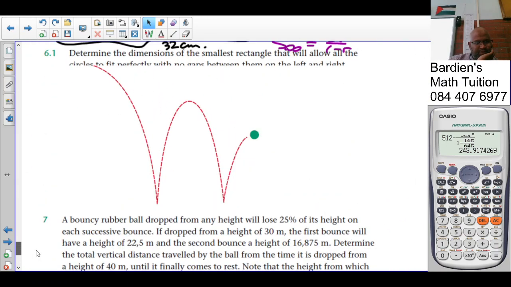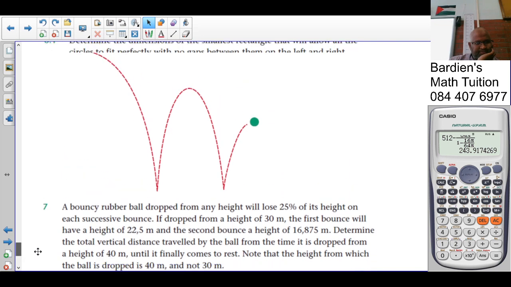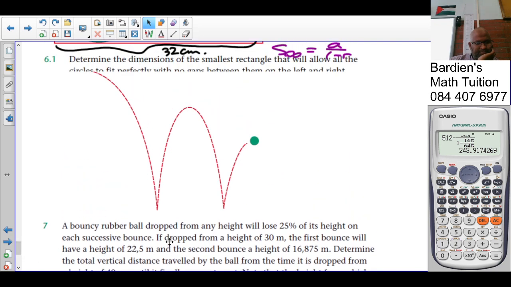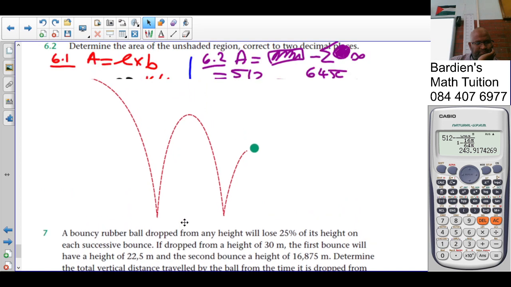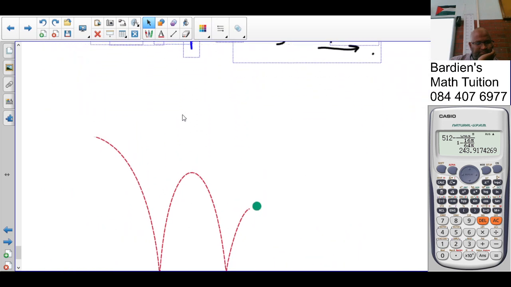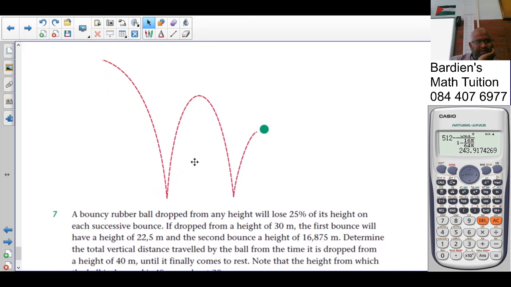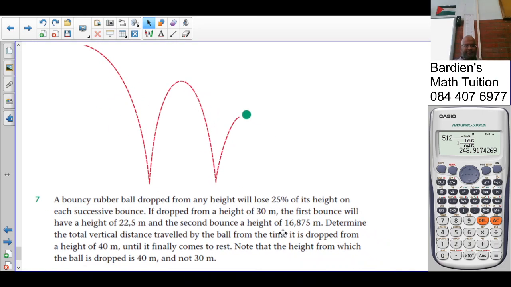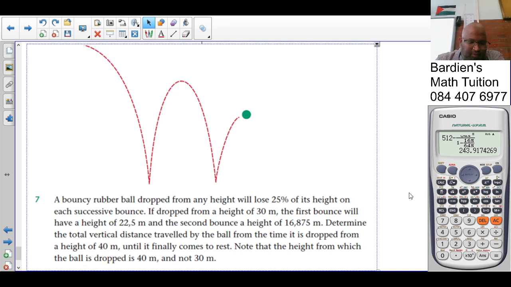Okay, the question was for number 7. We are told that the bouncy rubber ball dropped from a height will lose 25% of its height on each successive bounce.